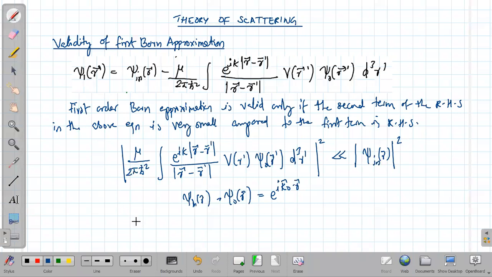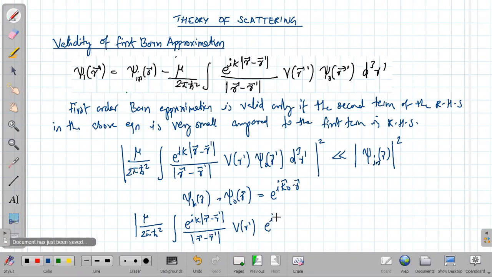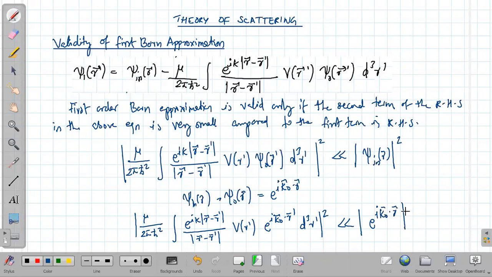Hence we can write, modulus of mu upon 2 pi h cut square, integral e raised to i k modulus of r minus r prime divided by modulus of r minus r prime, V of r prime, psi 0 of r prime, which can be written as e raised to i k0 dot r prime, d cube r prime, mod square, would be much less than the psi incident, e raised to i k0 dot r, mod square. Now what will be the mod square of this? So this will give 1.